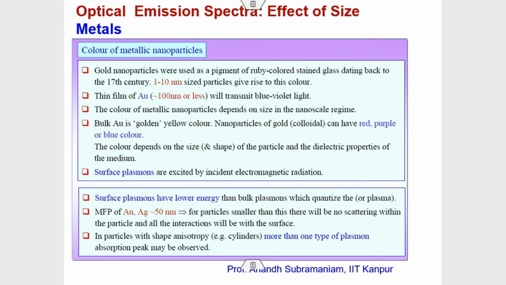It is easy to talk in terms of energy, because energy is easily explained in terms of quantized facts from quantum mechanics. Wavelength can be converted to energy very easily. You know that energy is equal to h nu, that is hc by lambda. So these plasmons are quantized waves with quantized energy, and they propagate through the material very easily.